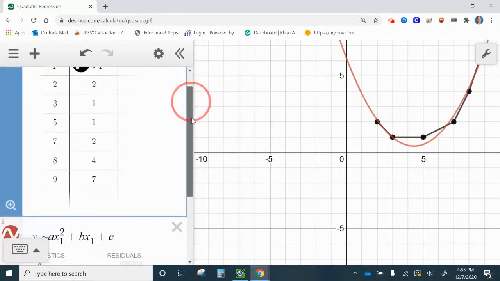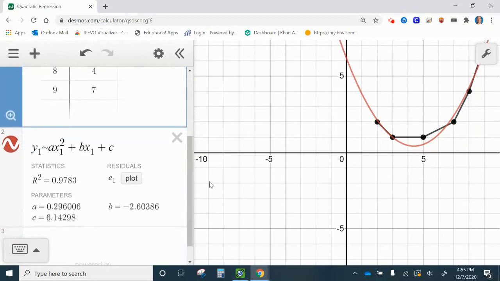Okay. Now we're going to find our a, b, c values, plug them into this equation, and we'll have our equation. So let's write those down. So a equals, rounding to the hundredths place, 0.30. b equals negative 2.60, and c equals 6.14.